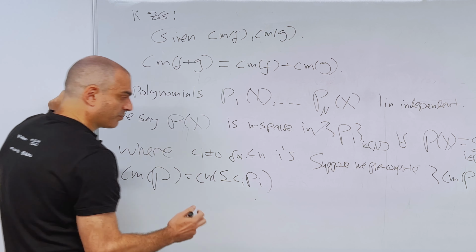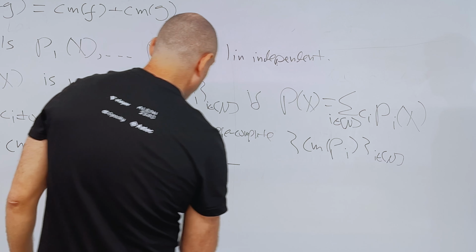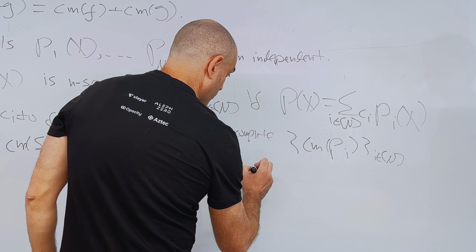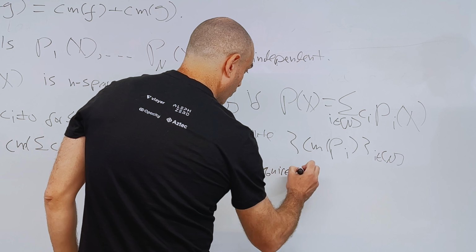And only little n of these are non-zero. So the point is that when P is little n sparse, this requires only little n scalar multiplications.